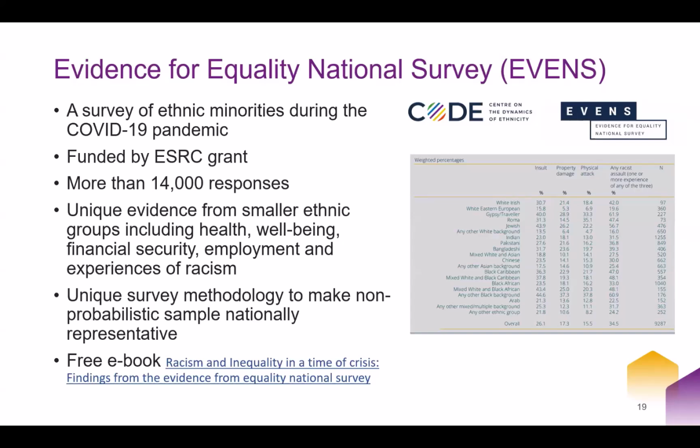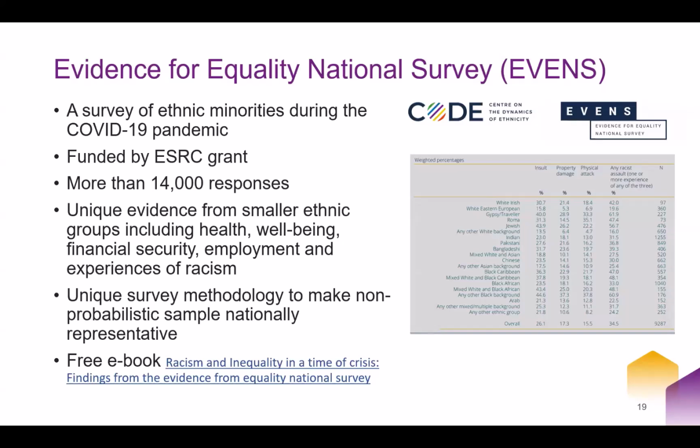Data were collected on physical and mental health, on well-being, financial security, employment, experiences of racism during COVID and so on. The survey received media attention and contributed to public discussion around inequality and COVID-19. Traditional probability sampling often struggles to represent smaller minority groups.